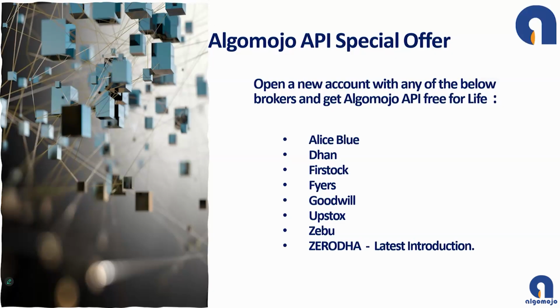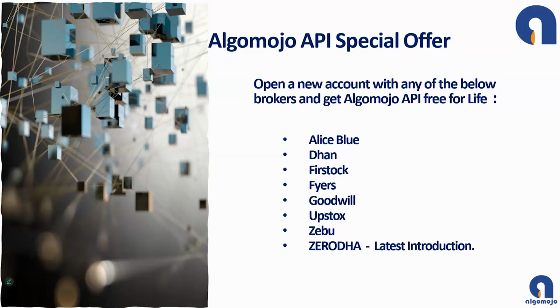I'll show you how to access that and open a new account with any of these seven or eight brokers, and you will get to use our platform free of cost for a lifetime. So there'll be no additional cost involved at all for using all the features and facilities that Algomojo provides if you open an account with any of these eight brokers.